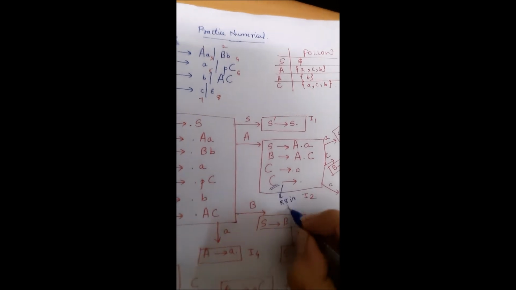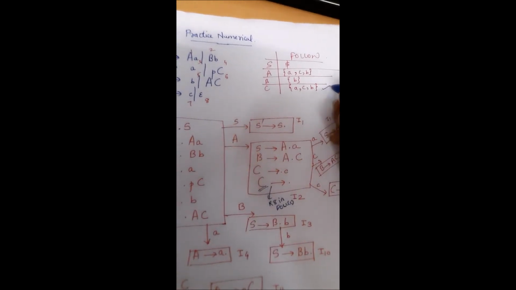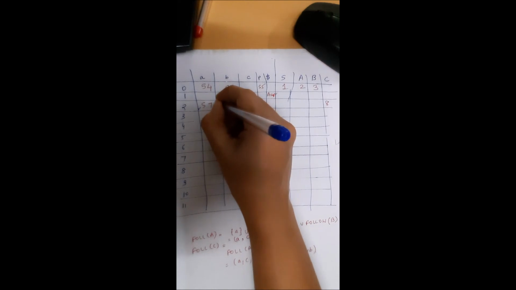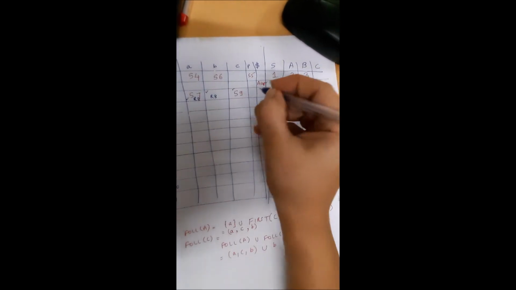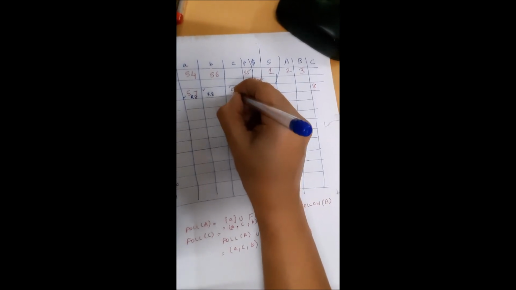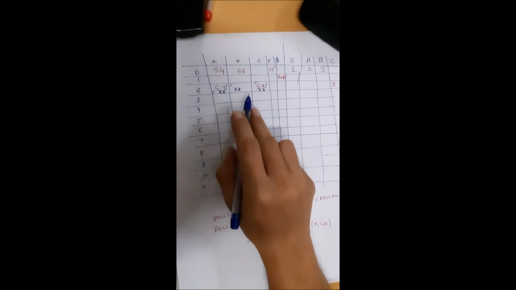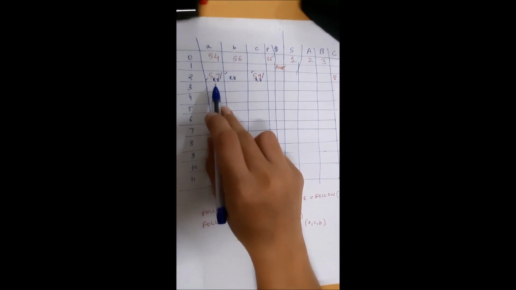You have to write that in follow of C, and if you see, follow of C is a, c, b. So in a, c and b we have to write R8.